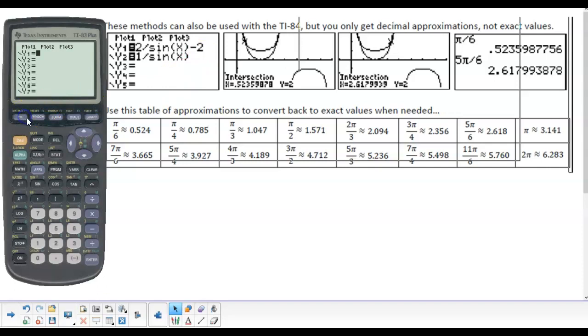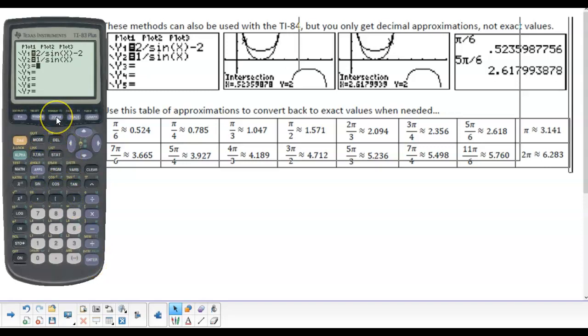So instead, in my y1, I'm going to remember that cosecant is the reciprocal of sine, and enter that as 2 divided by the sine of x, because dividing by sine is the same as cosecant, and then minus 2. I press enter, and in my y2, I'm going to put the right side of the equal sign, which was 1 divided by the sine of x, and press enter.